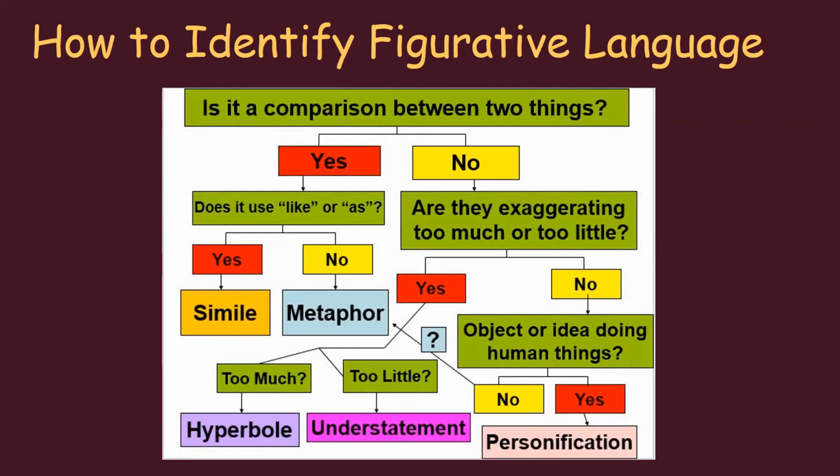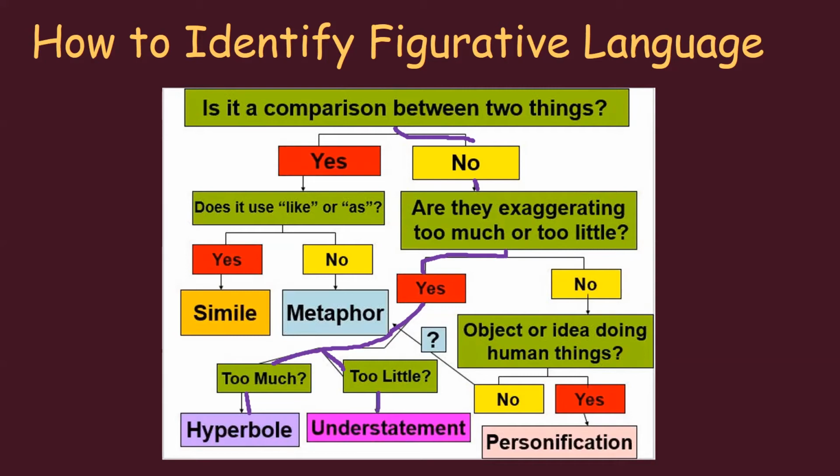So, when you're asking yourself, is this figurative language? Let's start with the first question you should ask yourself: are two things being compared? If that answer is no, then you're going to ask yourself, are they being exaggerated too much or too little? If it's being exaggerated too much, then that is called a hyperbole.